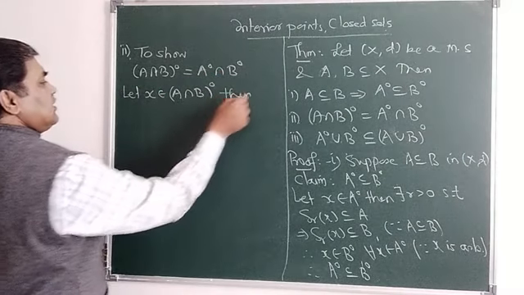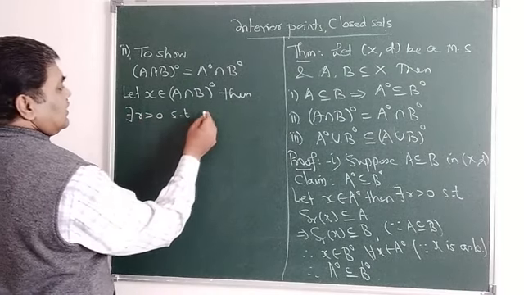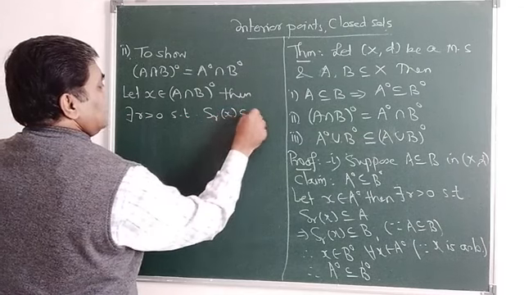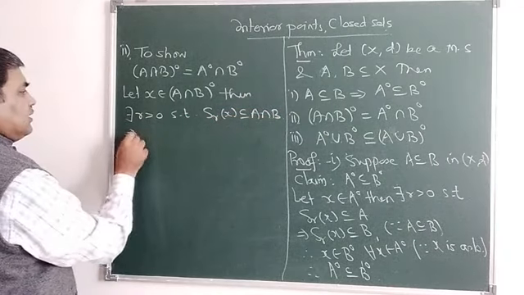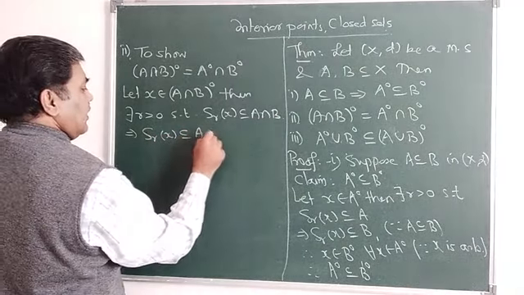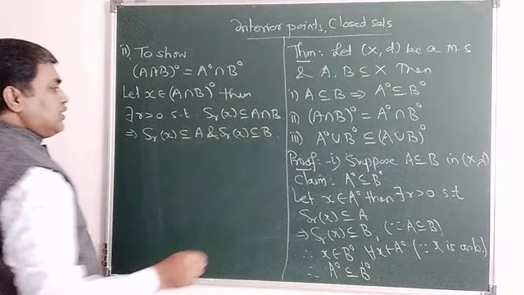Then there exists some r greater than 0 such that S_r(x) is contained in A intersection B. This implies S_r(x) is a subset of A and S_r(x) is also a subset of B, by the definition of intersection.